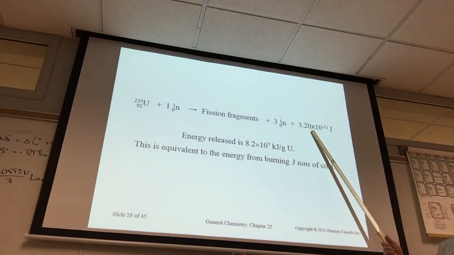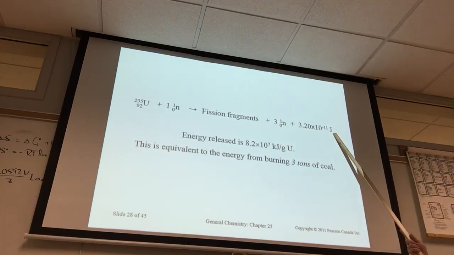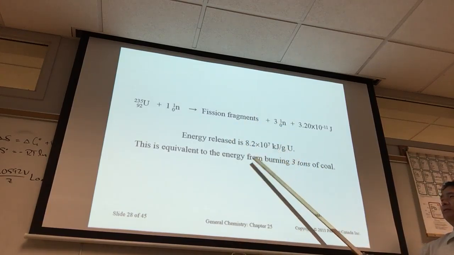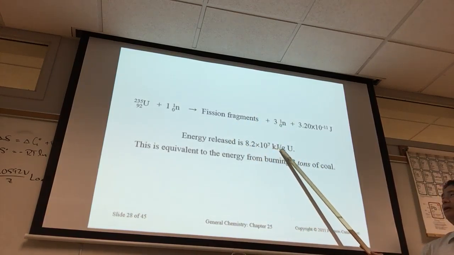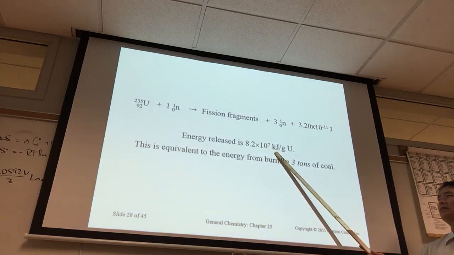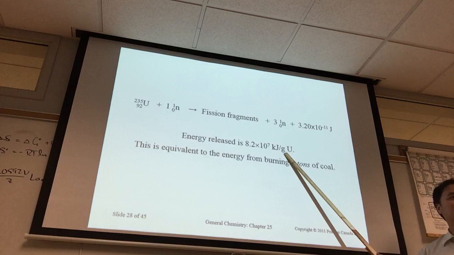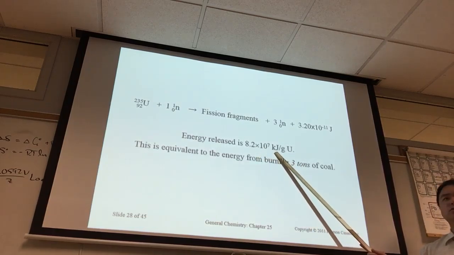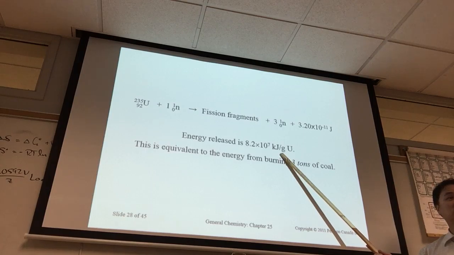That comes out to 3.20 times 10 to the minus 11 joules per nuclide. If you do it in kilojoules per gram, it comes out to 8.2 times 10 to the 7th kilojoules per gram. In other words, that would be 82 million kilojoules per gram of U-235, which is huge, right?